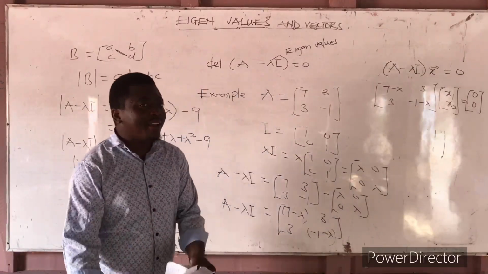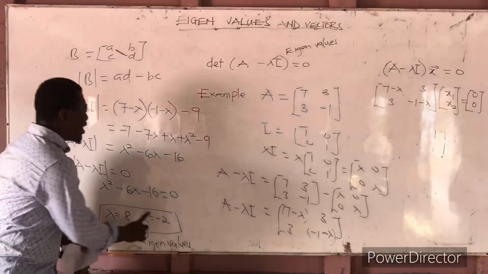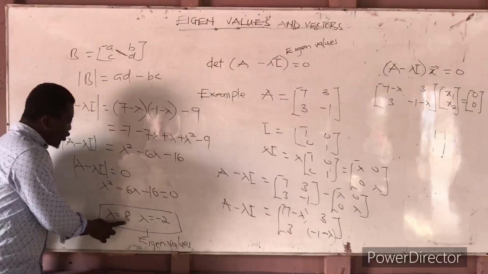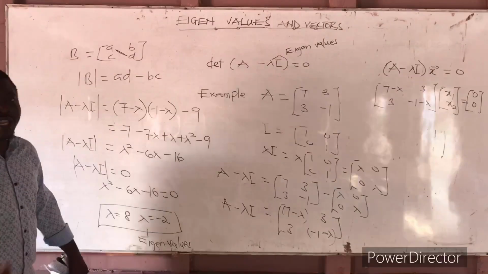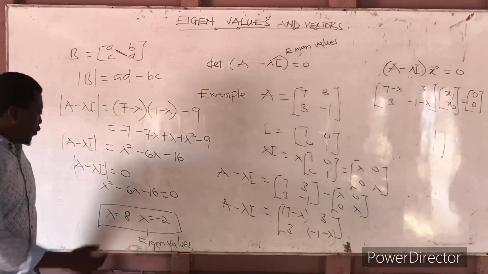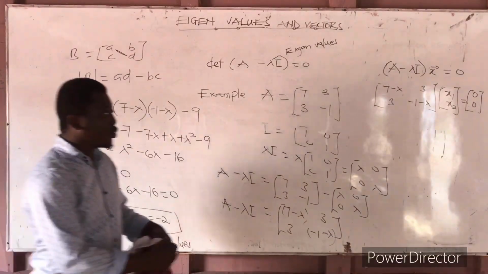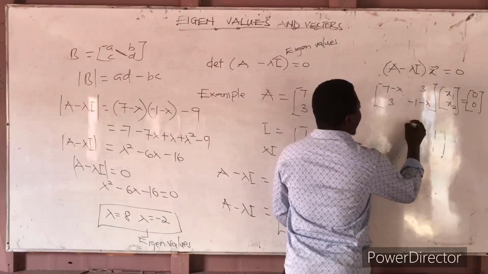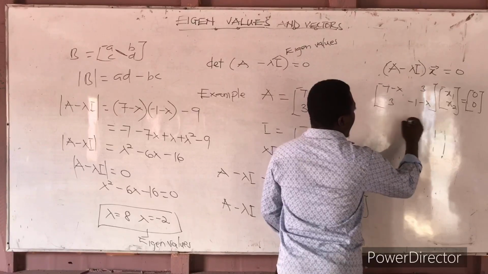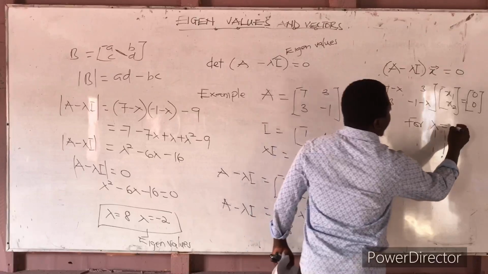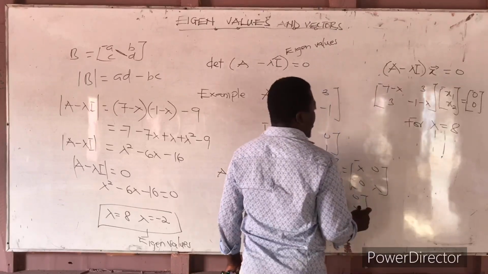For each of the eigenvalues, you must get an eigenvector. So when you pick 8, you solve for the eigenvector for 8. When you pick minus 2, you solve for the eigenvector for minus 2. So for the eigenvalue of 8, what are you going to get?